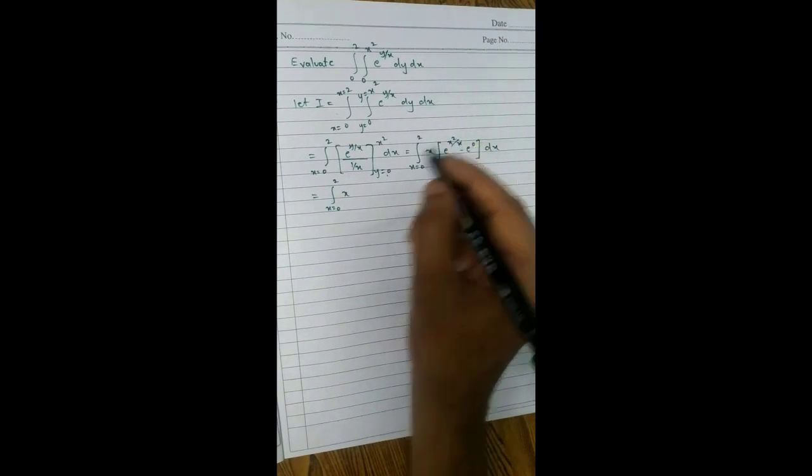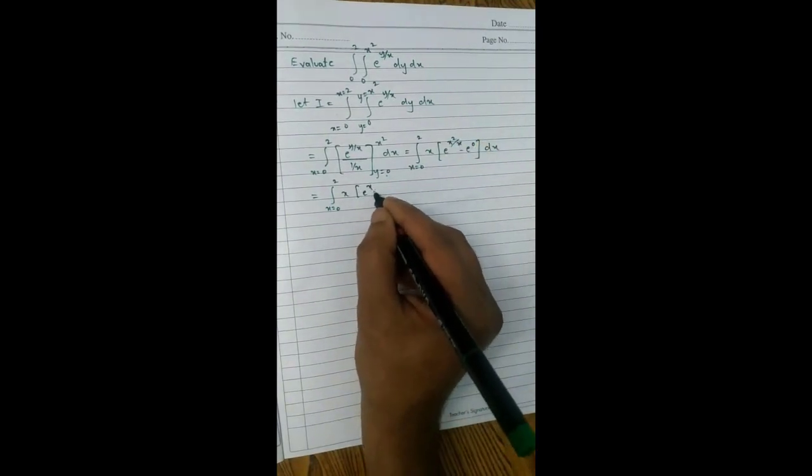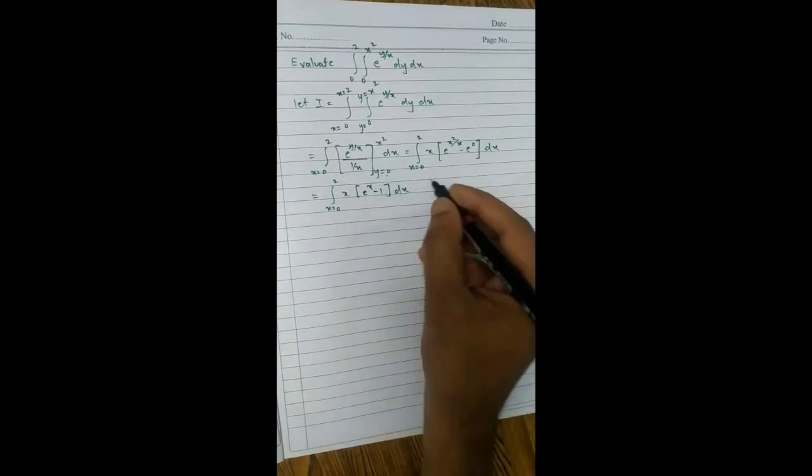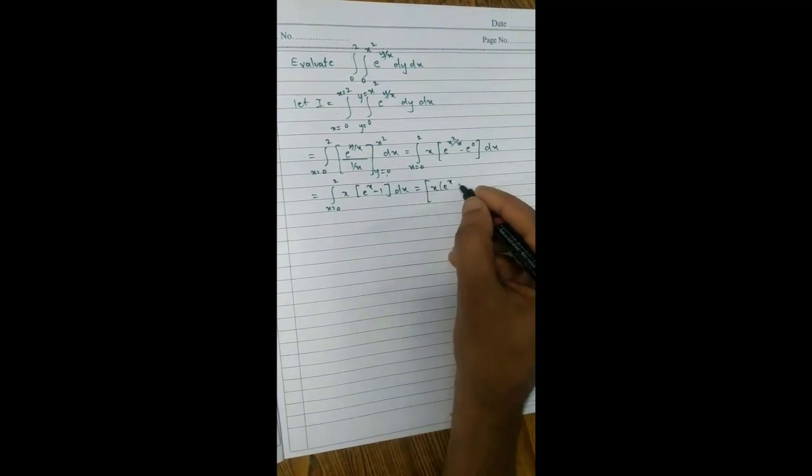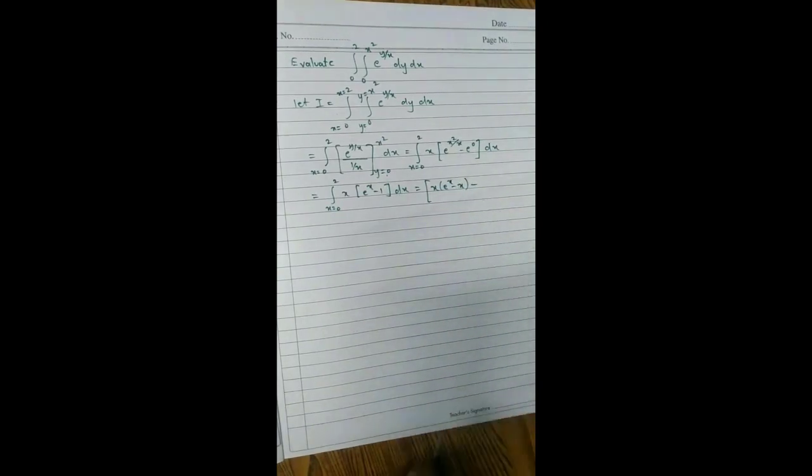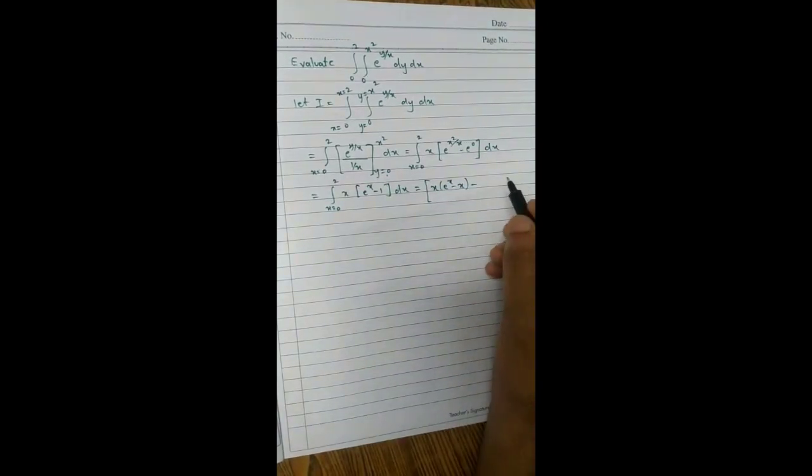This x and this x get cancelled. So this turns out to be e raised to x minus 1 into dx, which is equal to x e raised to x minus, that is, e raised to x minus.